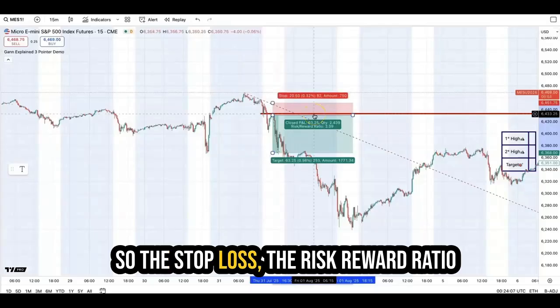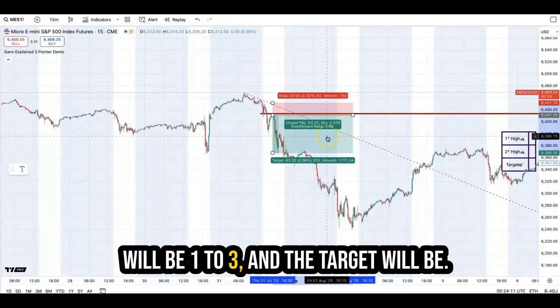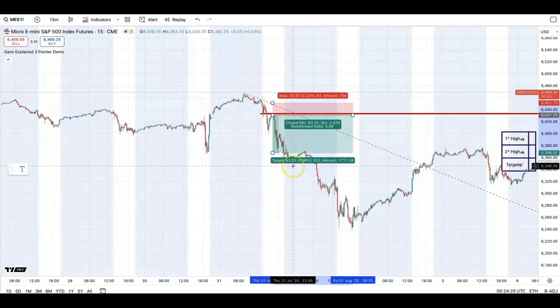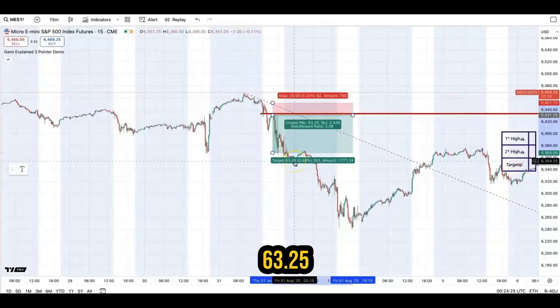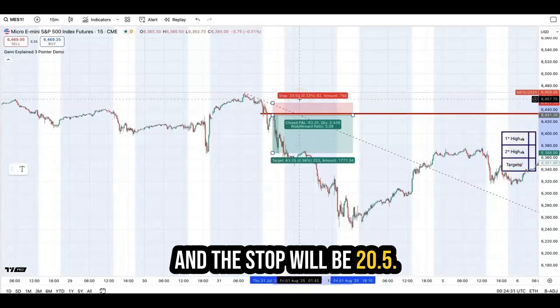The risk reward ratio will be 1 to 3. And the target will be 63.25, and the stop will be 20.5.